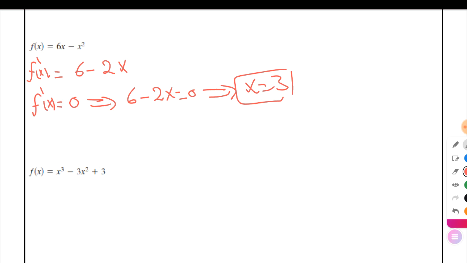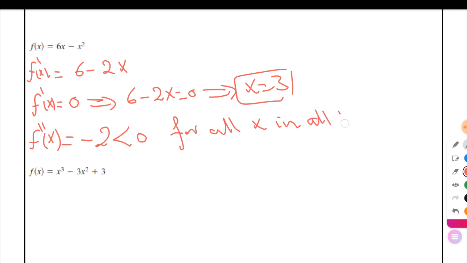Okay, then find the second derivative. The second derivative will be negative 2. It is less than 0 for all x in the domain.